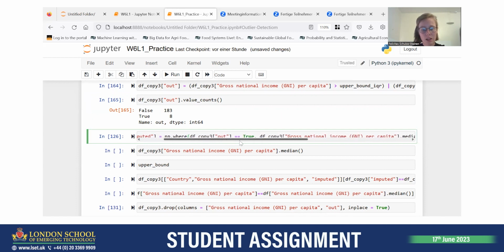So here I filter for all values in the out column which are true, so which are an outlier. And then I replace these values by the median of our data points of the GNI. And if it's not true, they are just kept as they are.